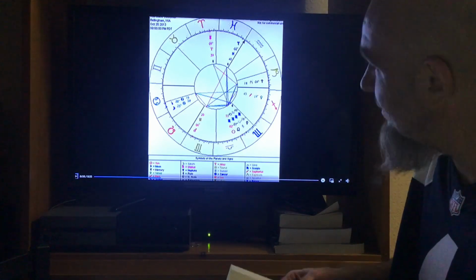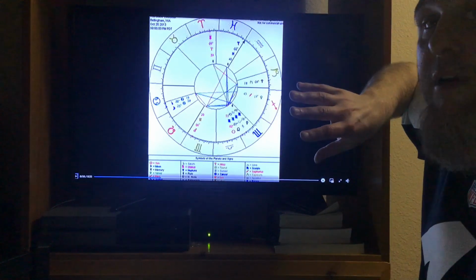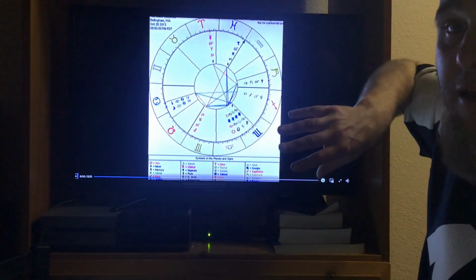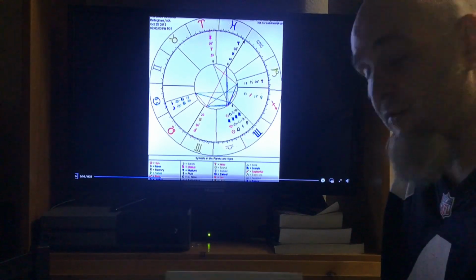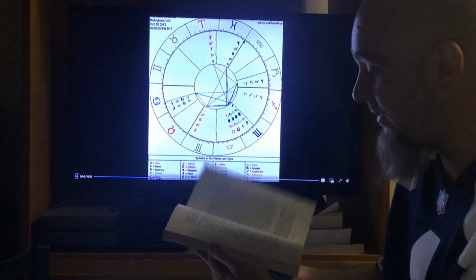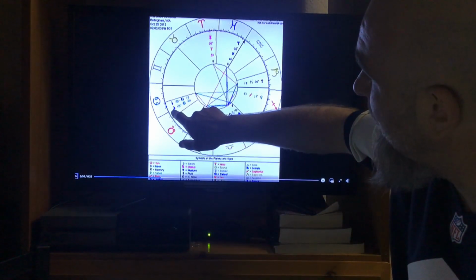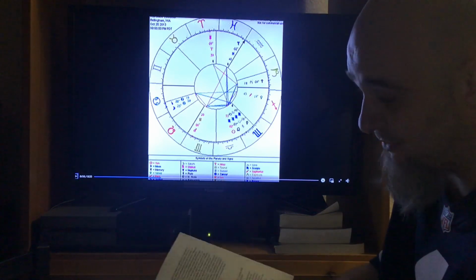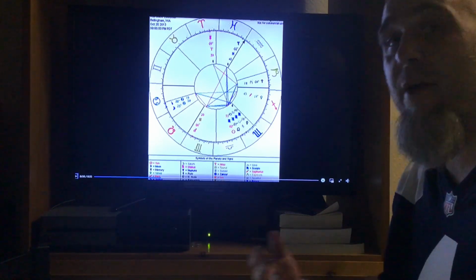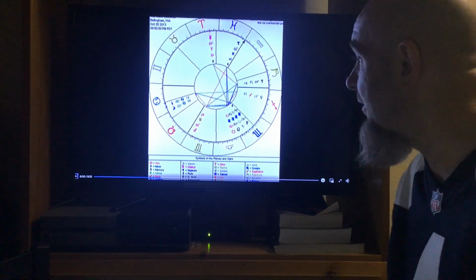So once you understand the chart and you know how to tell the difference between the square and sextile and the opposition, the conjunction, you can read this book, which is mostly aspect interpretations. So we'll start with the conjunction. You would find the moon conjunct Jupiter, whatever page it's on, and then you would read that, and that would be a part of your natal birth chart and tell you a personality characteristic.